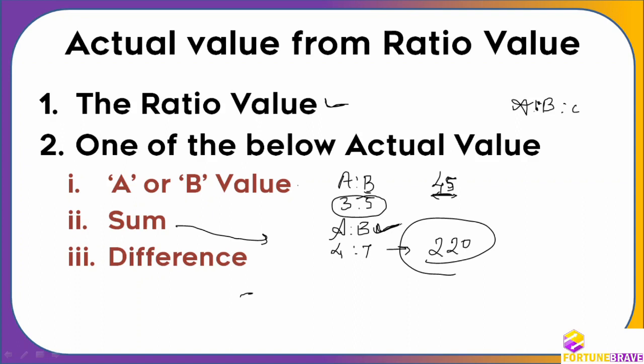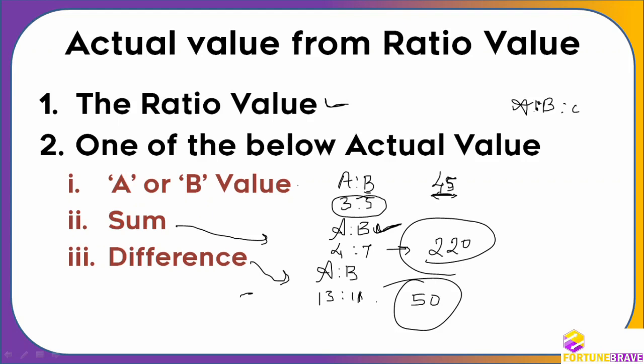So how many people are working in A? That can be asked, or they can give the difference between A and B. They can give the ratio whatever they want, 13 is to 11, and then they can give the difference. The difference between A and B is say for example 50. Okay, how do I find? These are the three. One of them is required.